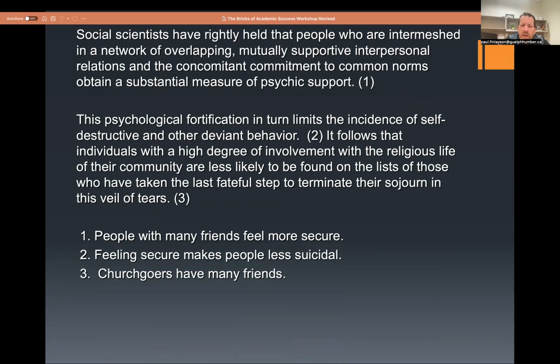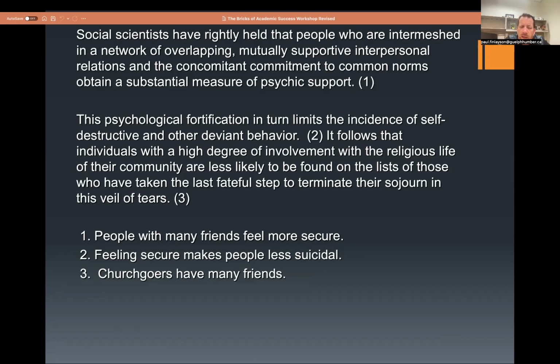It follows that individuals with a high degree of involvement with the religious life of their community are less likely to be found on the lists of those who've taken the last fateful step to terminate their sojourn in this vale of tears, which is, wow, that's really hard to understand. It's not very obvious, but you've got to break it down.